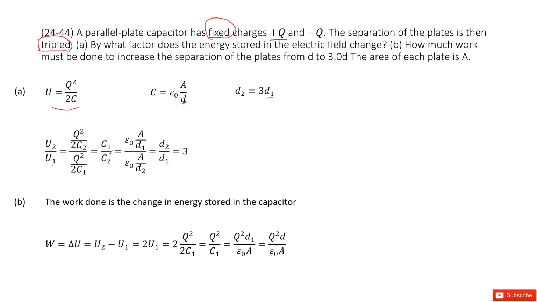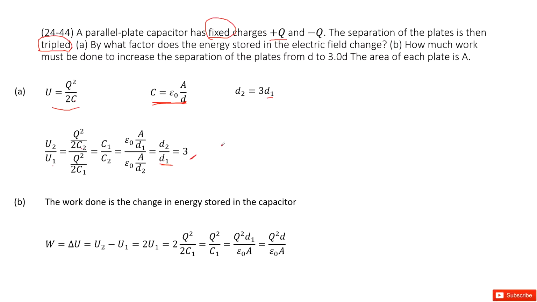Can you find the ratio C1 over C2? Yes, you can use the capacitance formula, inputting D1 and D2. You can see epsilon naught and A cancel. So you get U2 over U1 equals D2 over D1. Agree? And as it tells you, it is tripled, so D2 over D1 is 3.